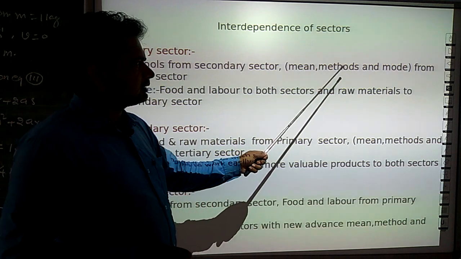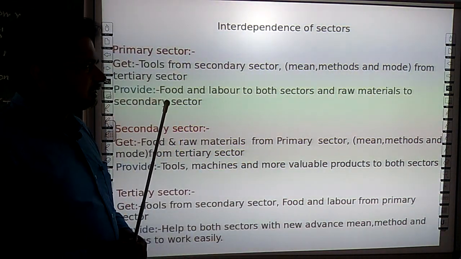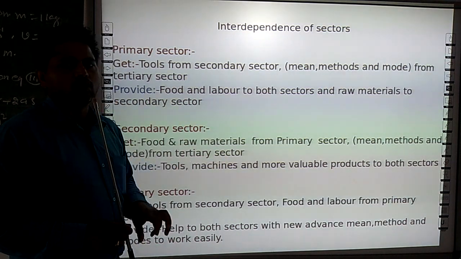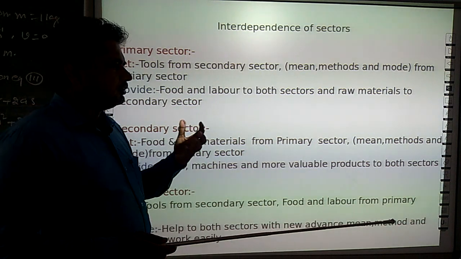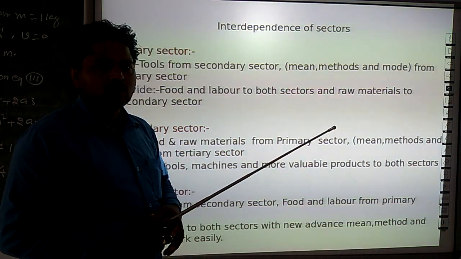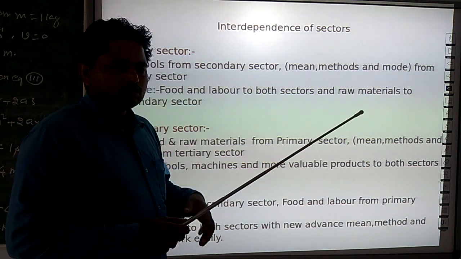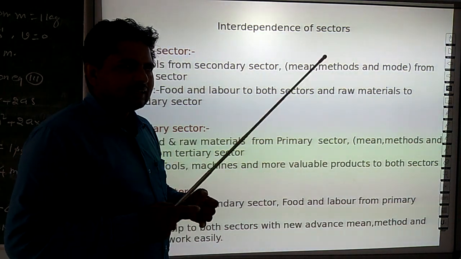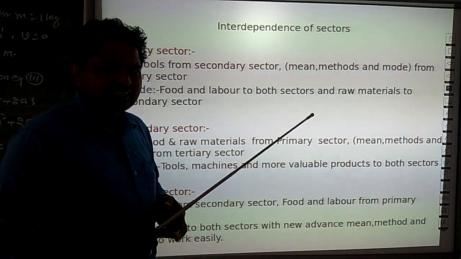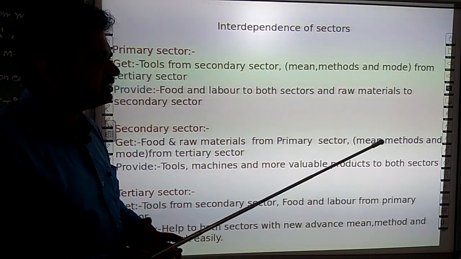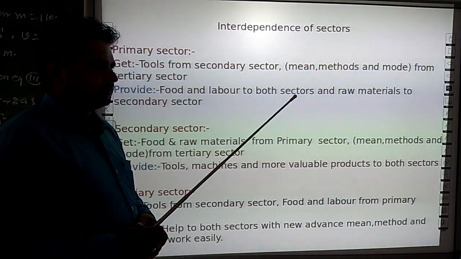These means, methods and modes help in increasing production with little effort. As you find, day by day the designing of plowshares or even the equipment used during agriculture like tractors, harvesters, pumping sets, etc. The entire thing is the result of the secondary and tertiary sectors.